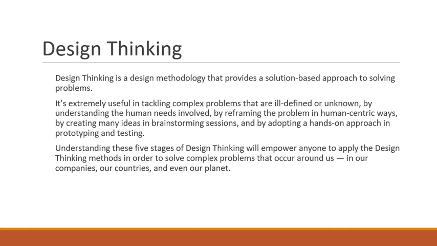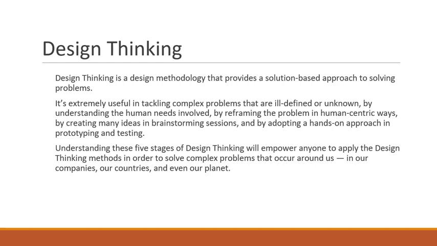So design thinking is more about how you tackle the complex problem that is not very clear, and then you involve the understanding of human needs. Okay, you consider it from a human-centric angle, and then you perform brainstorming to get the ideas, and finally you perform the hands-on approach in prototyping and testing.